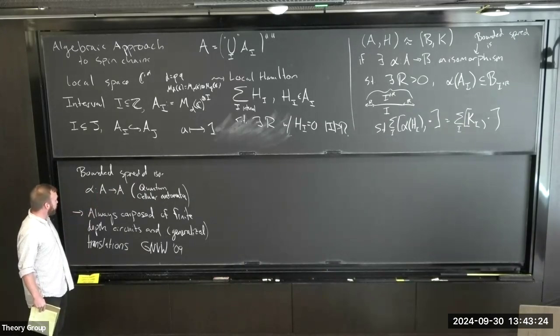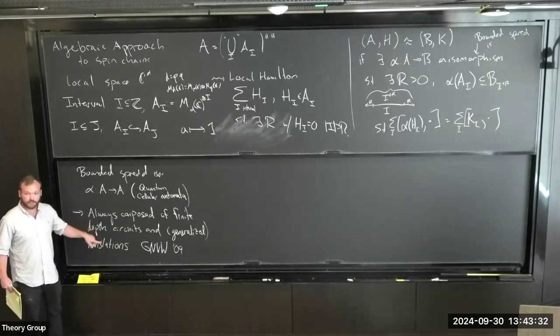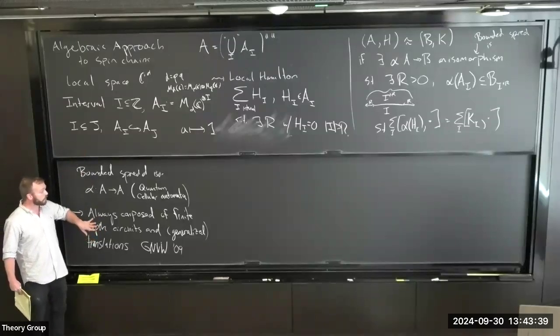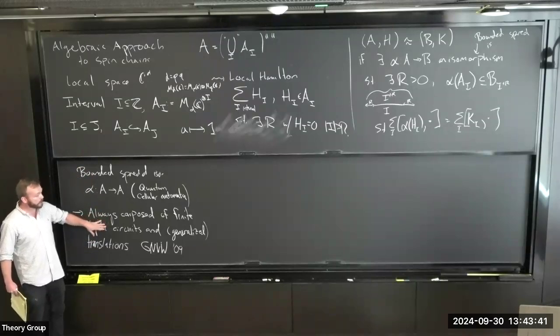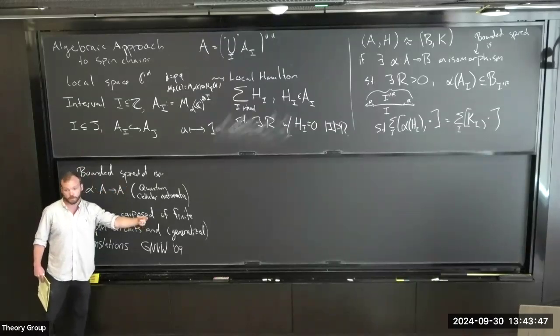Yes, so the theorem is still true. It's just that if you want to classify the equivalence classes of the generalized translations, you extend what's possible. If I fix my dimension D, you can actually write this group down. For QCA, there's a short exact sequence between finite depth circuits, QCA, and then a specific subgroup of the multiplicative rationals.